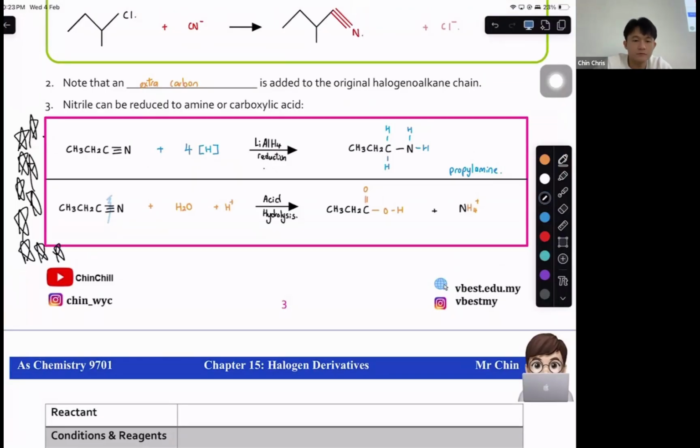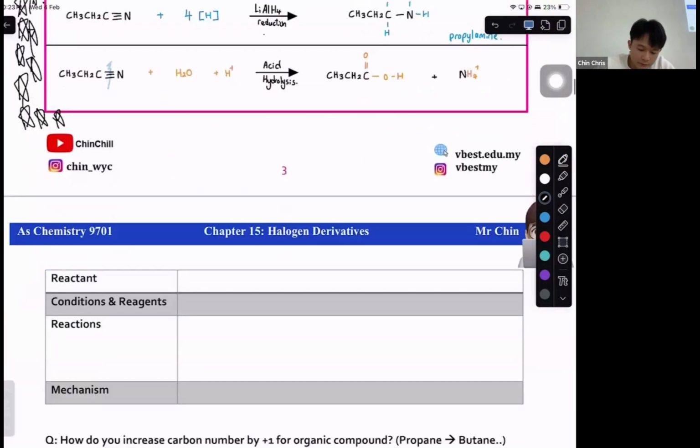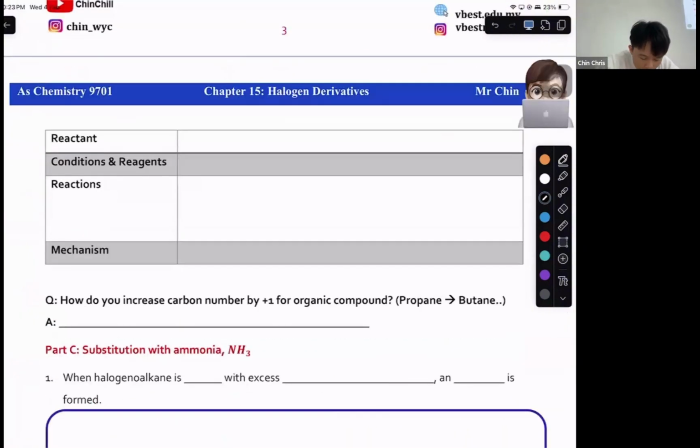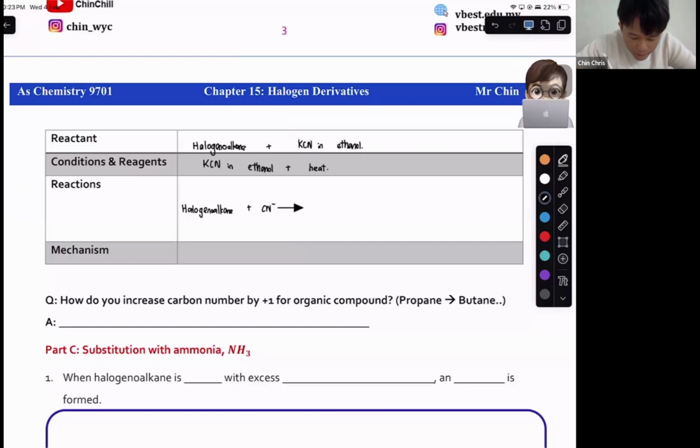Alright, guys. Reactant-wise, I have a halogenoalkane plus KCN in ethanol. Remember your KCN in ethanol, and you have to heat it. So halogenoalkane plus CN minus is going to turn into a nitrile.